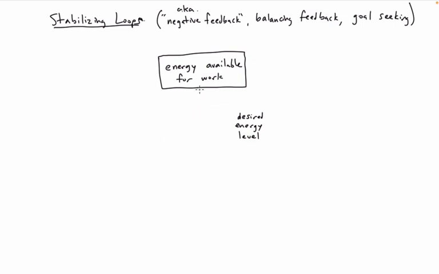comparing those things, there may be a discrepancy, a difference between the desired level. So, for example, maybe the worker is feeling less energetic than they would like to.